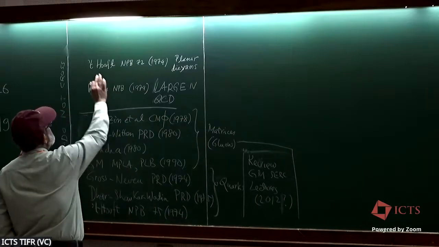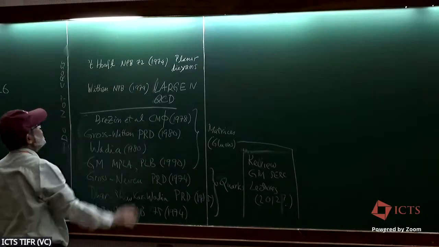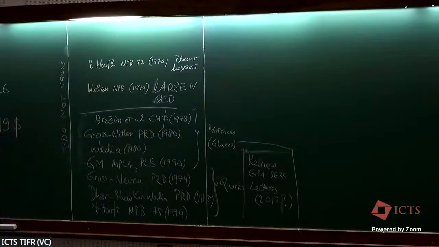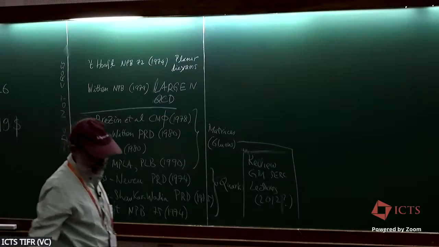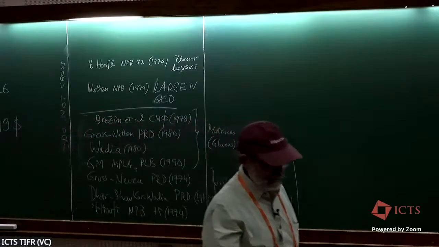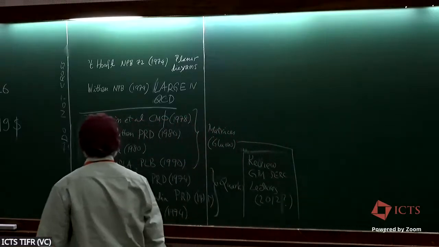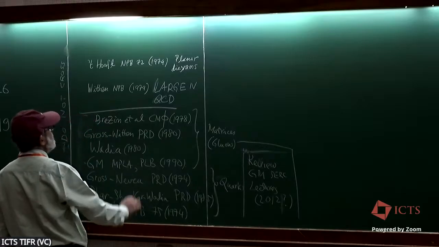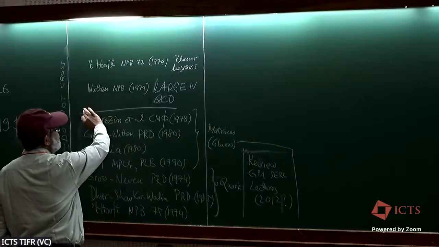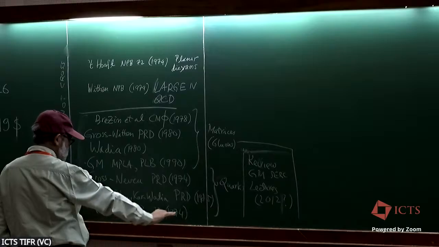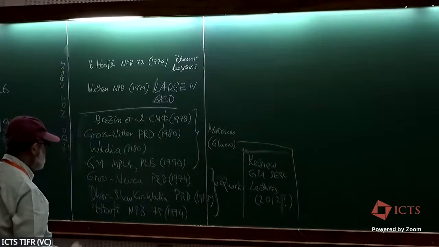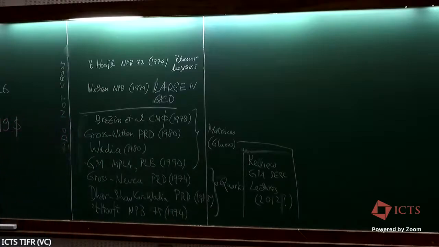So this is the basic paper of 't Hooft, which introduced the notion of the large N technique for QCD, and then there was another paper by 't Hooft showing how these large N techniques can be used for two-dimensional QCD.